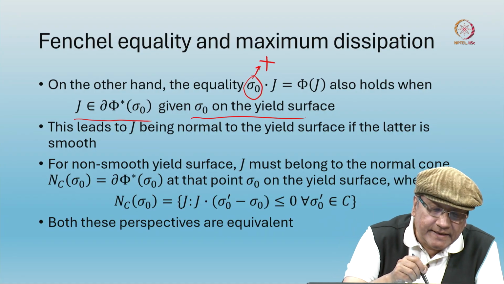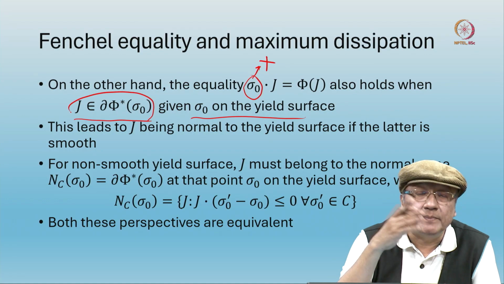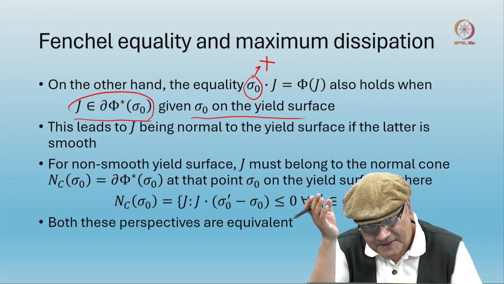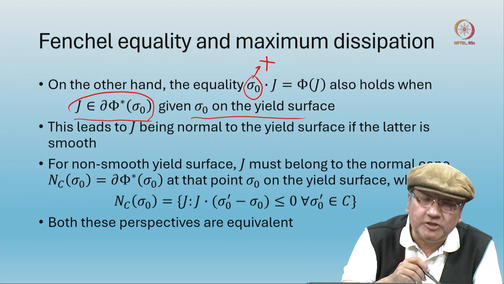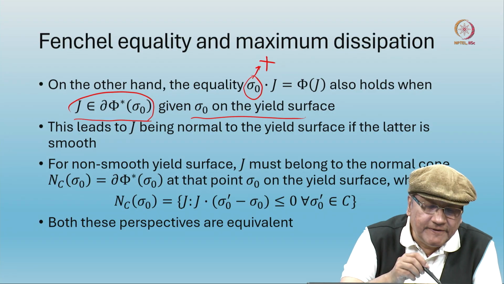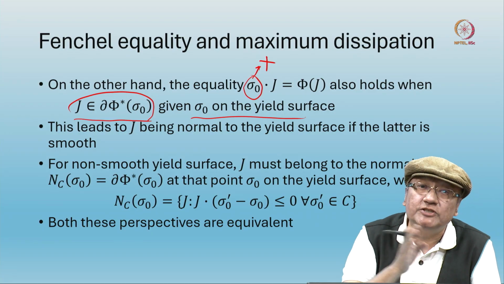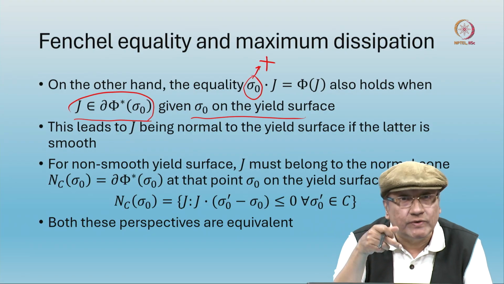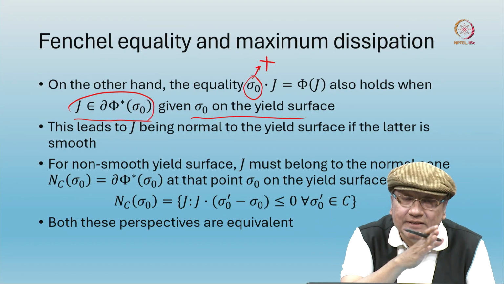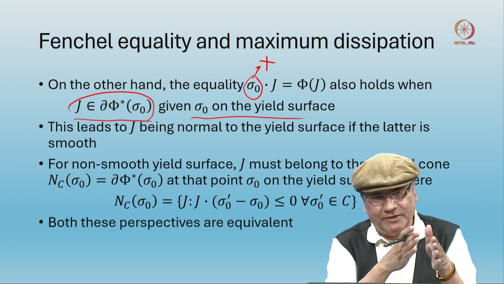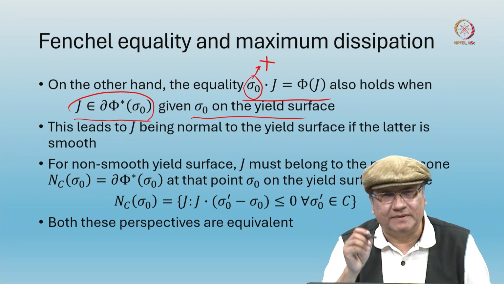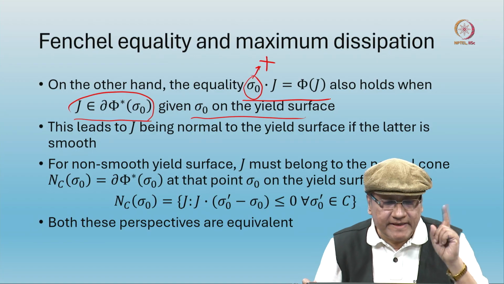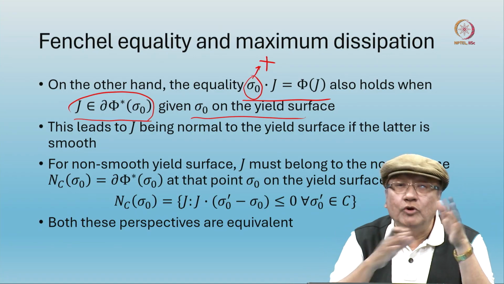Now we are saying J belongs to the subdifferential of phi star. In other words, we are now subdifferentiating phi star with respect to sigma 0 to get J. Earlier we subdifferentiated phi with respect to J to get sigma 0. You see, so both ways you can come and get the same principle, and that is a very interesting thing. So both ways it is true.